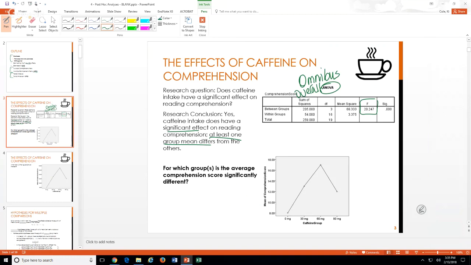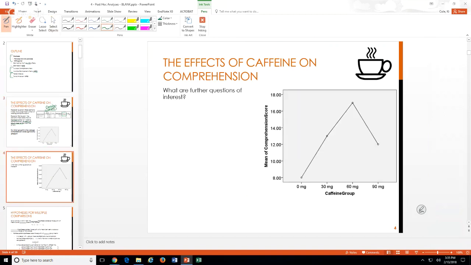Okay. So what might be some follow-up questions after we know there is an effect somewhere? What may be your next questions? Which 2 groups are different? Okay, which 2 groups are different?